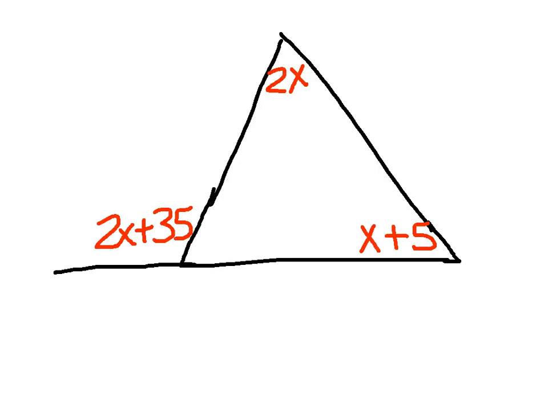In a problem like this, we can't find the actual measures of the angles inside of the triangle using the 180 degree thing. There's no way we can just find this angle right now.